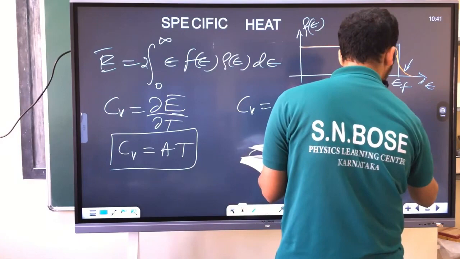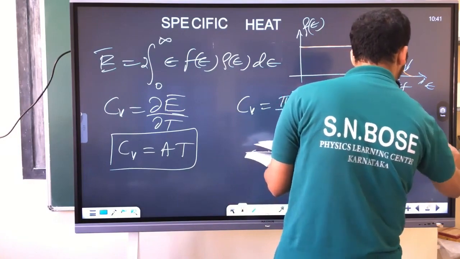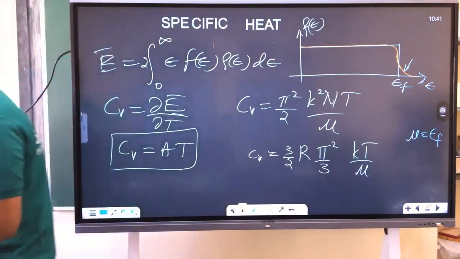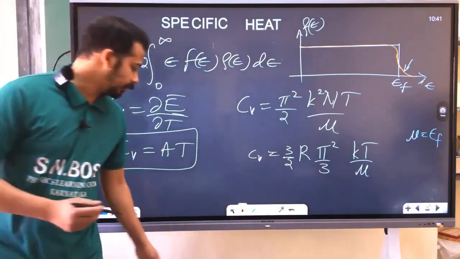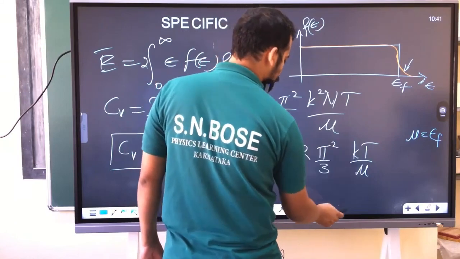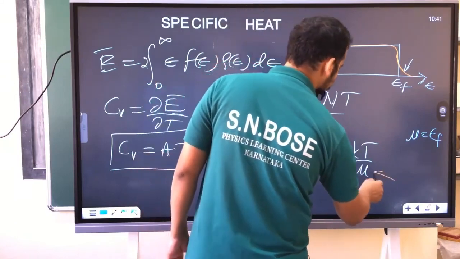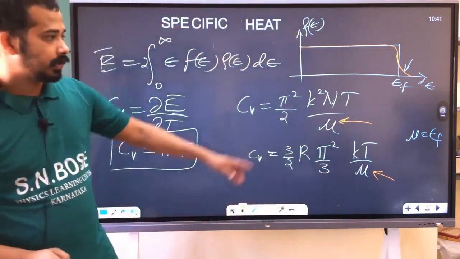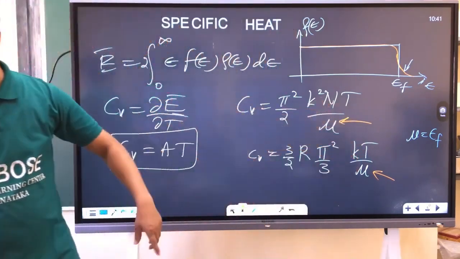Okay, mu means EF. Now what I need is this one. Very important part here is, I need you to observe this dependency, that is equal to EF, that comes in the denominator.